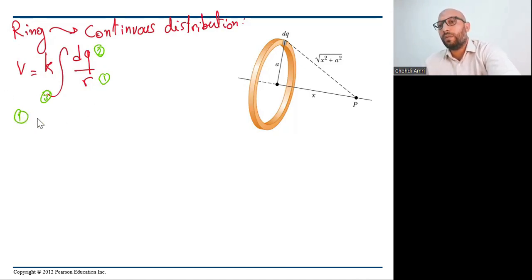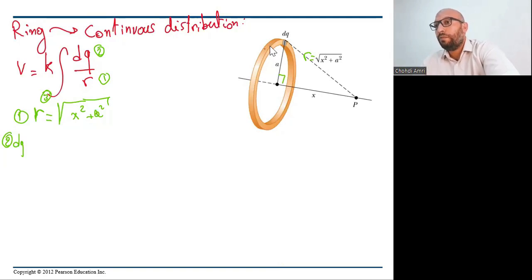Let's start with the first one, r. As you see, r is equal to the square root of x squared plus a squared, because we have a right angle triangle. Then dq. Before discussing dq, if we change the location of dq, what happens to the distance r?